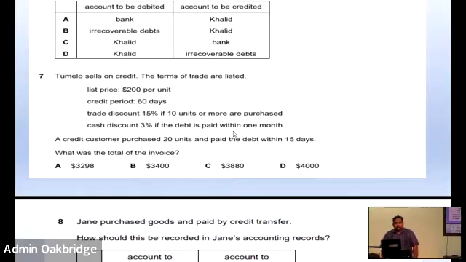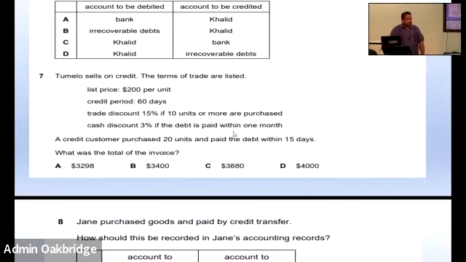How much is the 20 units? 200 times 20. On the calculator you get 4,000, right? Now, if 10 units or more, you get a 15% trade discount.